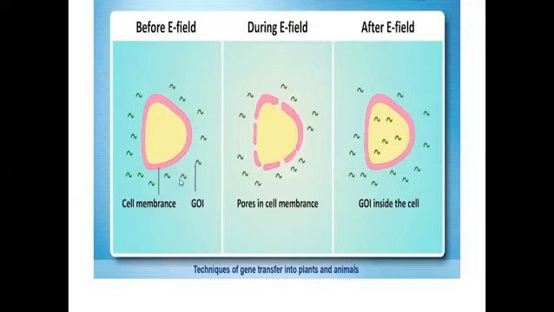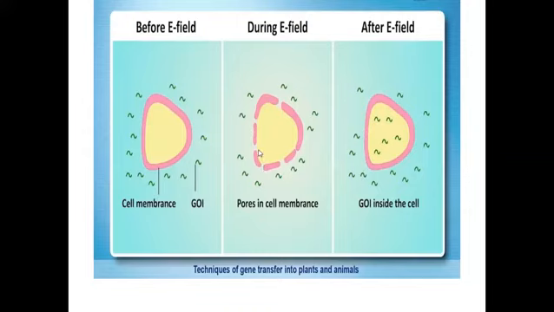In that electroporation chamber, the selected gene of interest and target plant cells are taken. Then the small chamber is connected with electrodes, and the electrodes are connected with a specialized power supply.